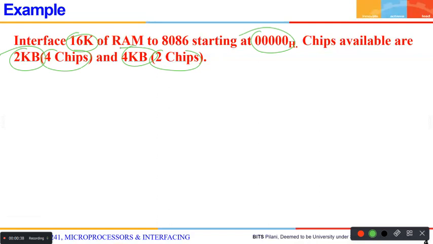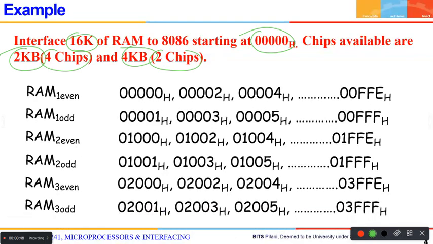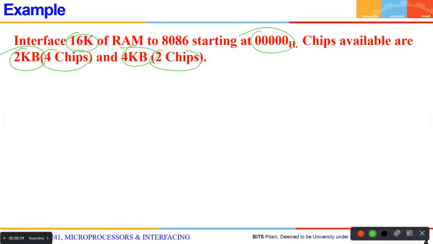That means you divide the memory so that you can use the available chips. I have already told you about this memory tree and its corresponding memory addresses. You are supposed to interface 16K of memory, but your chips are 4 2KB chips and 2 4KB chips.